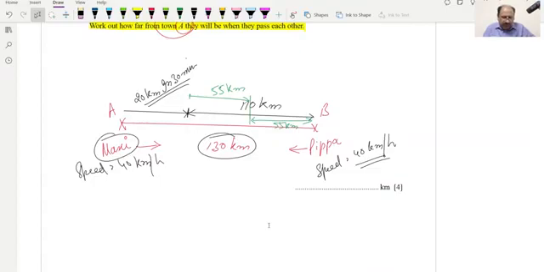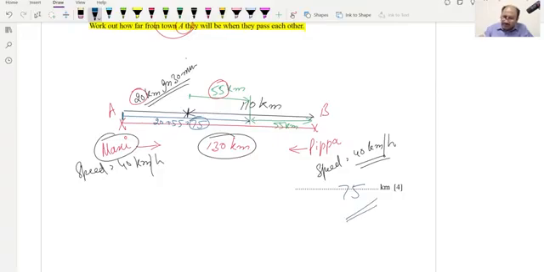From A it will be 20 plus 55. So the total distance from this point, for Maxi and Pipa, will be 20 plus 55, which is equal to 75. So this answer will be 75 kilometers.